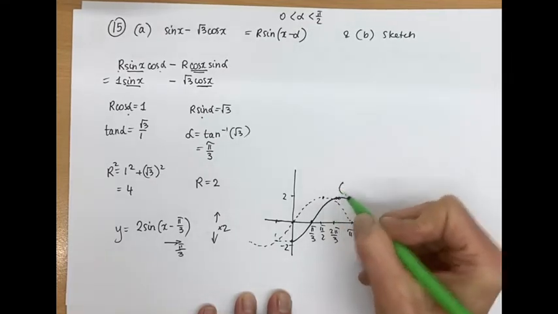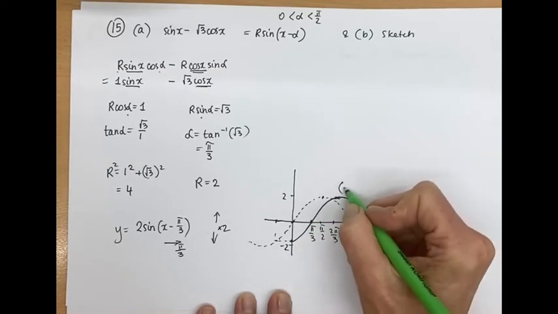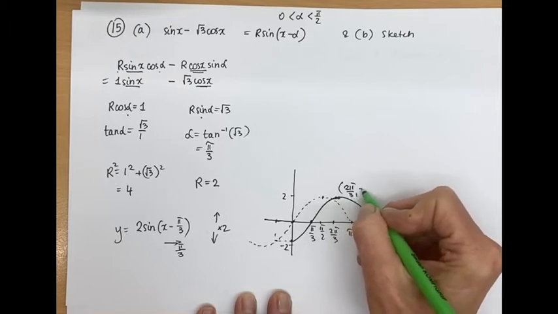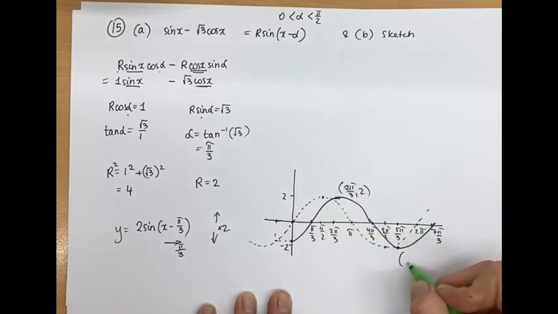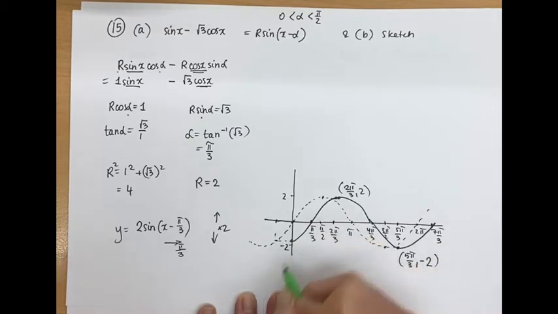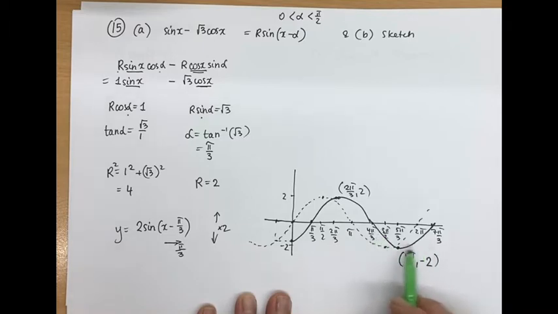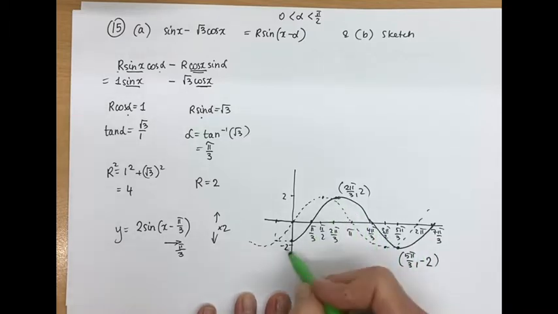Okay, so this point here is going to be at 2 pi over 3, 2. This point here is 5 pi over 3, minus 2. You could also work this value, but I don't think you've been asked to do that, so we can leave that. So it goes through pi over 3, 4 pi over 3. I've gone to more detail than necessary, but it's always a good idea to actually find that point.